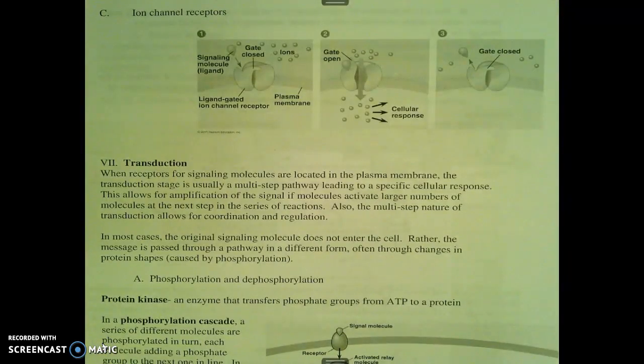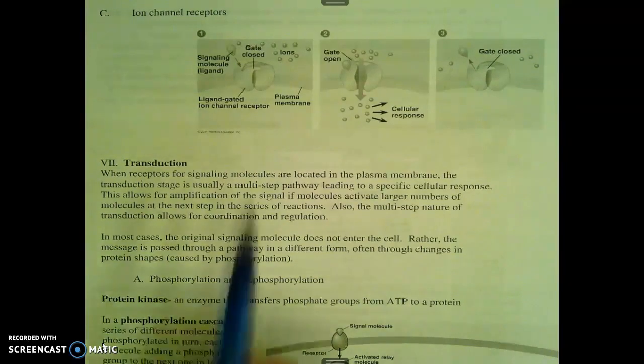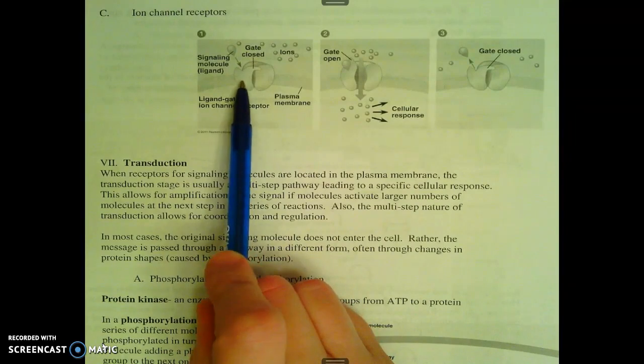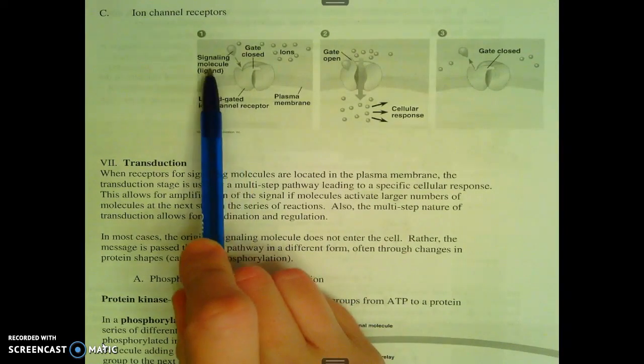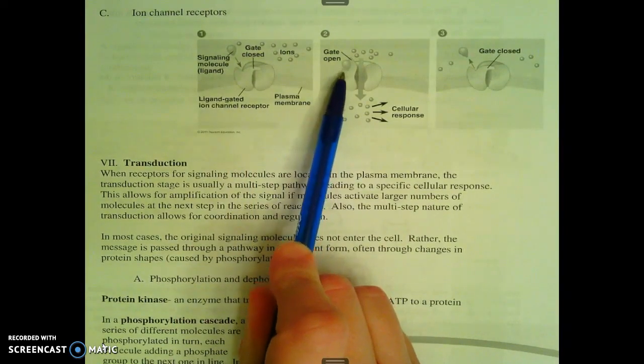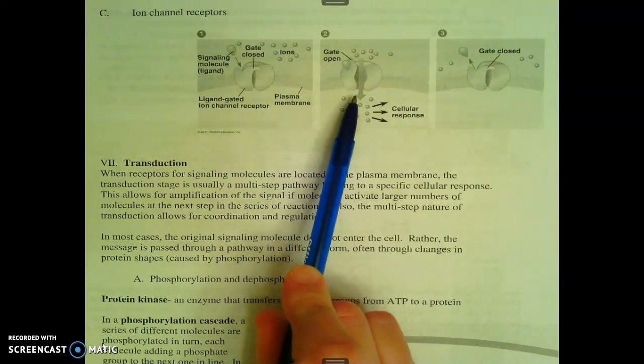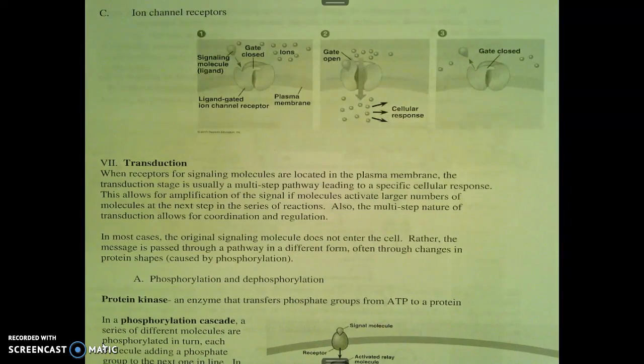The third type of receptor is known as an ion channel receptor. And I'll give you a big clue, these involve ion channels. As we can see in the picture, the gate is closed until the ligand or signaling molecule binds. Once that ligand binds, the gate opens, allowing certain ions to pass through.